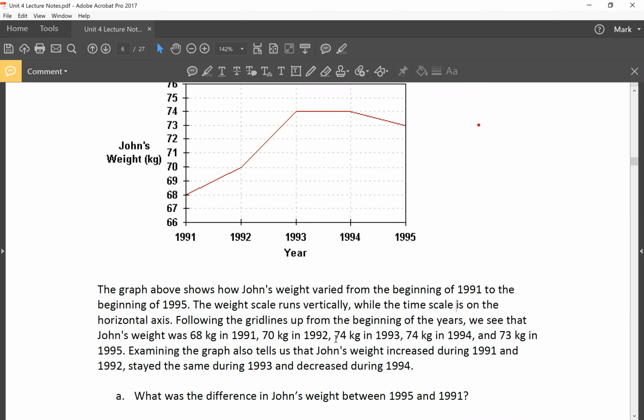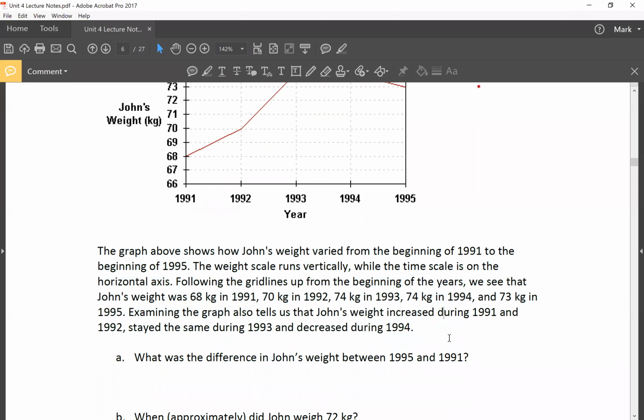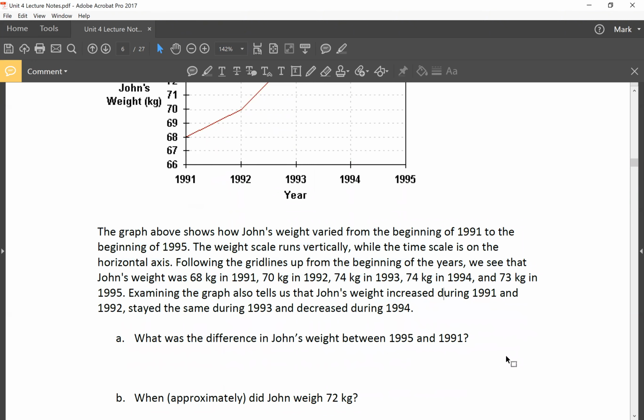So we can see John's weight was 68 kilograms in 91, and, let's go to the end, 73 kilograms in 1995. Examining the graph also tells us that John's weight increased during 91 and 92, stayed the same during 93, and then decreased in 94.